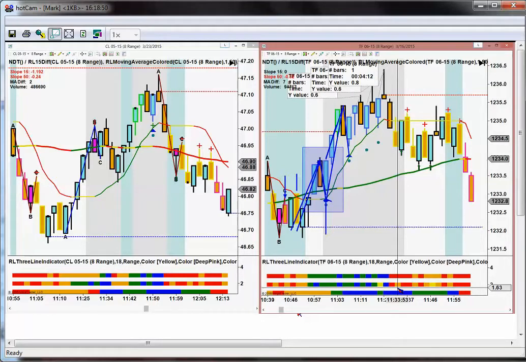But in fact, I think indicators only amount to 25%, and price action and market structure, again as defined by candlesticks, are really the key. And I'm going to show you today how important looking at candlestick formations, patterns, and price action are to becoming a profitable day trader.